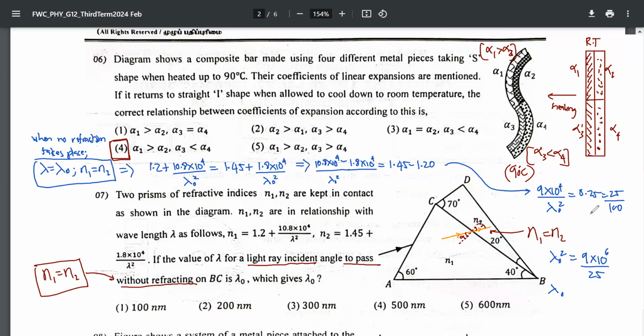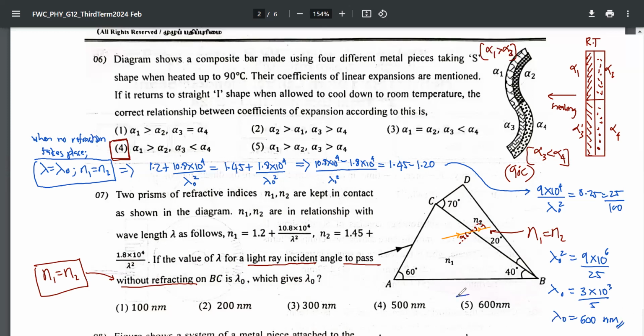Lambda is probably already in nanometers. Yes, it must be like that. Then when you take the square root, what are we getting? 3 into 10 to the power 3 over 5. So what am I getting for lambda naught? 3000 over 5 is 600. So lambda is given in nanometers already.